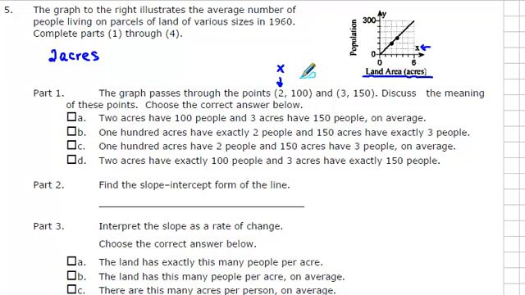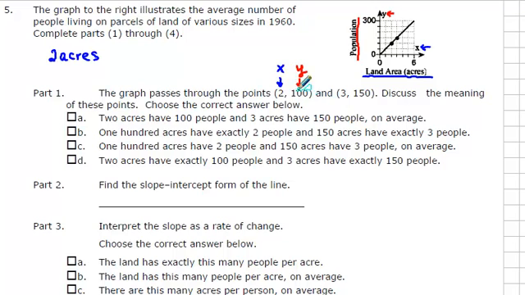The second coordinate of the point is 100. This second number 100 is a y value, and we notice that the y values are along our vertical axis, and the scale tells us that the y values represent the population, and the population is measured in people.